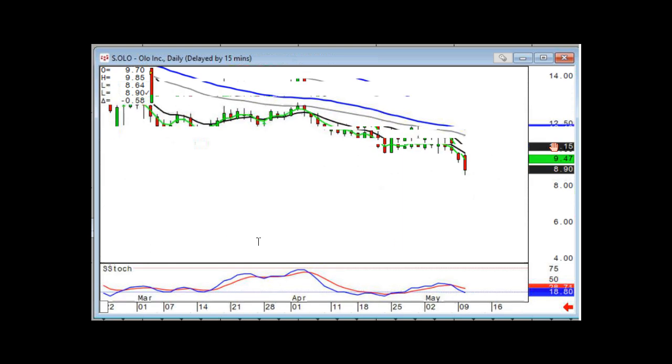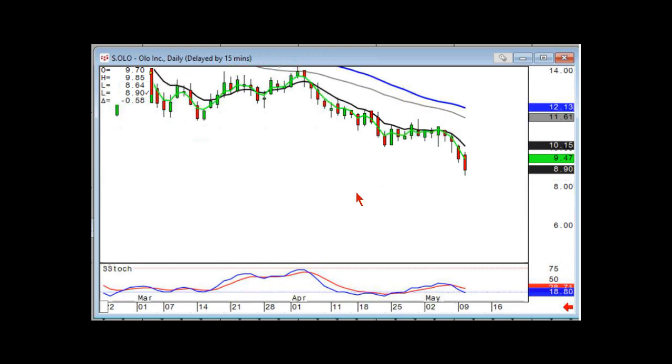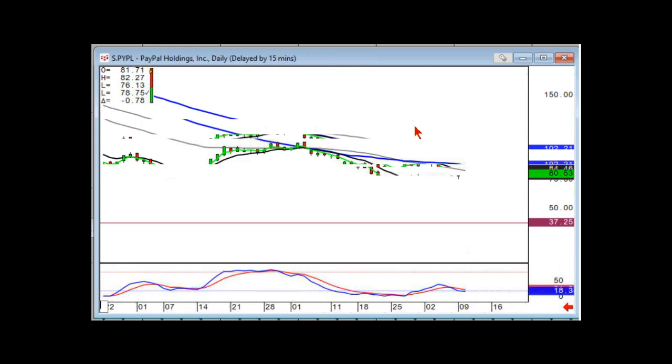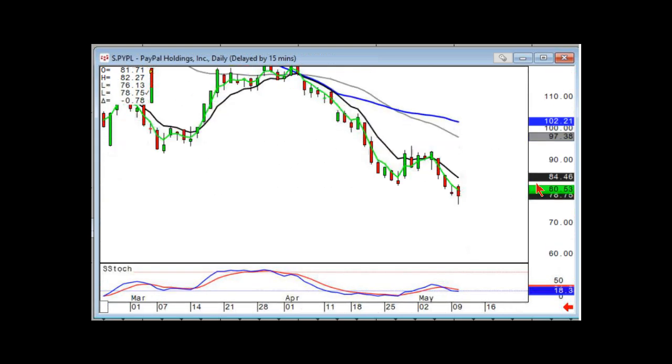I want to find the ones that are just rolling over, or things that have higher probability trade setups that might be going lower even though the market's already oversold.